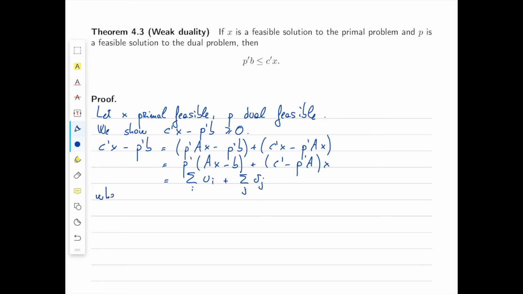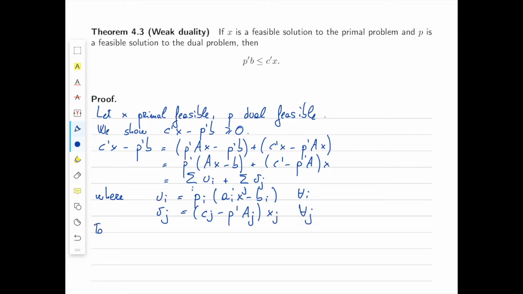Where ui is defined as pi times ai transpose x minus bi for every i, and vj is defined as cj minus P transpose Aj times xj, again for every j.